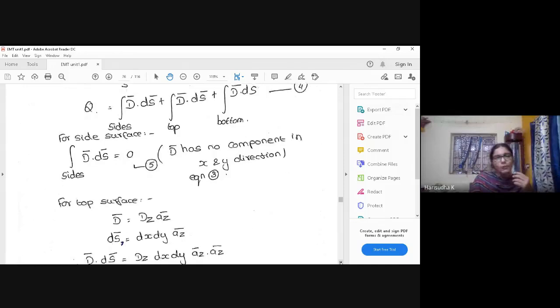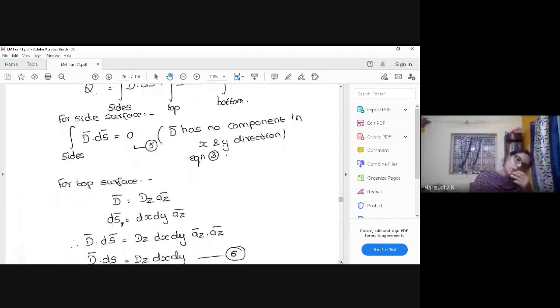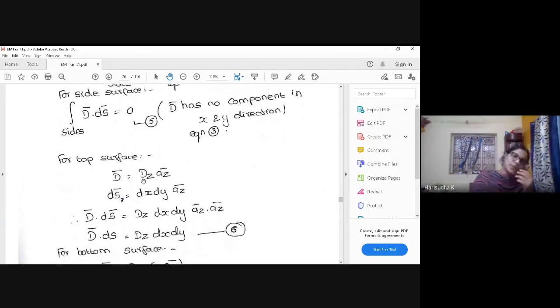For the top surface, it is in the positive z axis, and the bottom surface is in the negative z axis. So I can write the D vector, with respect to the z axis, as Dz into unit vector az. Now we have to find what is this Dz and what is this az.